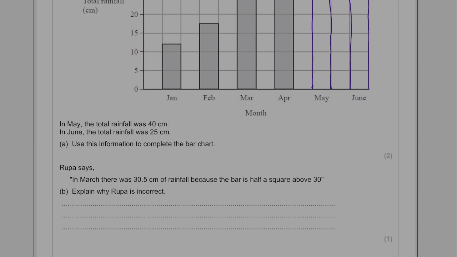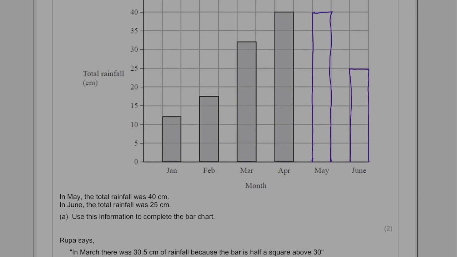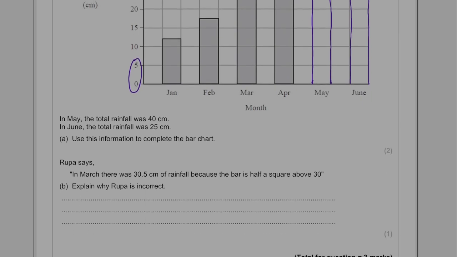Rupert says in March there was 30.5 centimetres of rainfall because the bar is half a square above the 30. Explain why Rupert is wrong. So their argument is that the gap between those two squares for a square is 1, but the gap between the squares is 5.